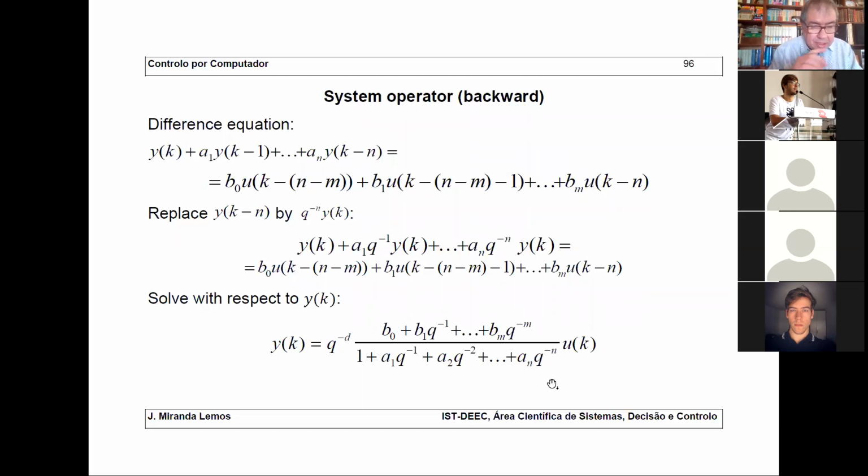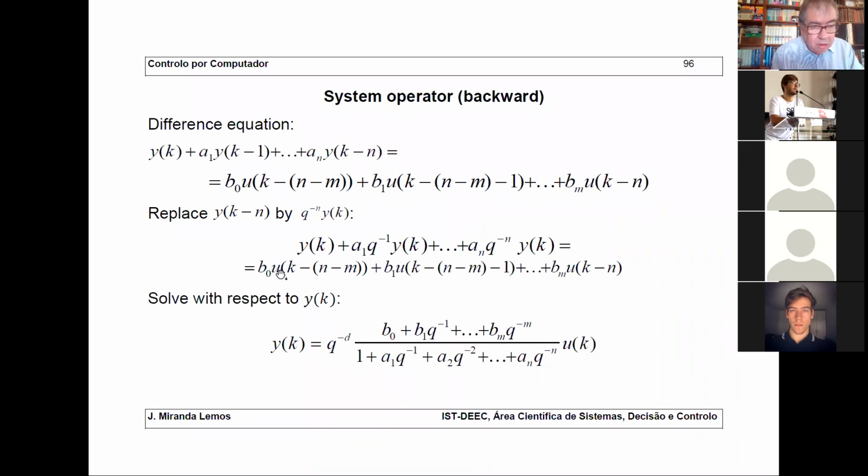Now, there is a funny thing, because there is an extra term here, which is the delay, the pure delay. The difference between n and m appears here, you see, n minus m appears. So you have to put it here. If you want to have a polynomial here, starting at b0, you have to add this term. Otherwise, it's not correct.